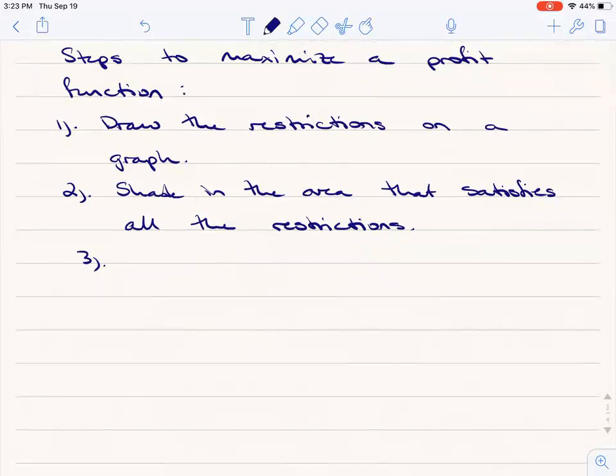Third step we're going to do is we have to identify all the points of intersection and find what those points are. Okay? So find all the points of intersection.